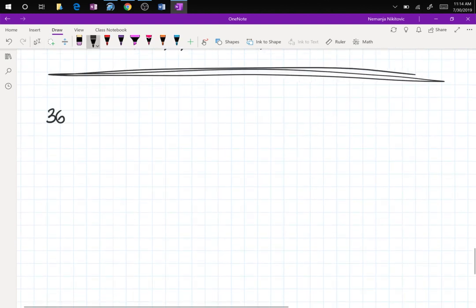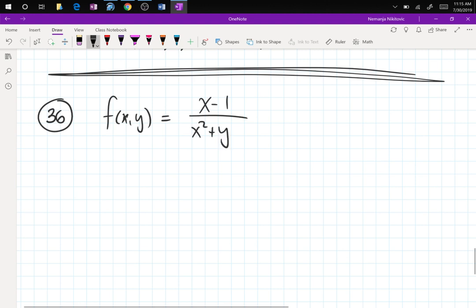Let's take a look at 36. It looks terrible. x minus 1 divided by x squared plus y squared. We immediately know that the derivative does not exist at 0, 0. Neither of the derivatives exist at 0, 0, and 0, 0 is not min and not max.